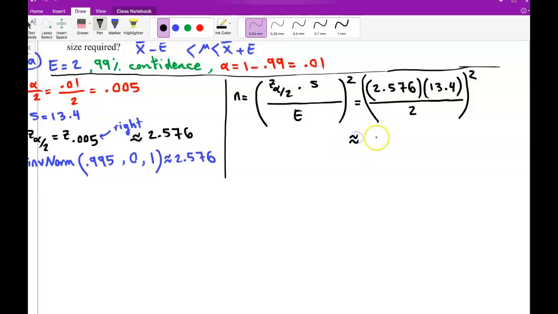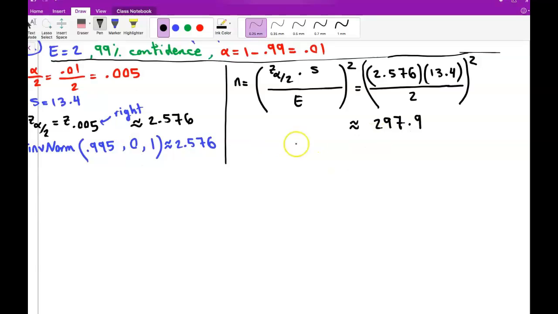Okay, rounding it, we have 297.9. That means we need to have 298 patients. So for this part, sample size is 298.